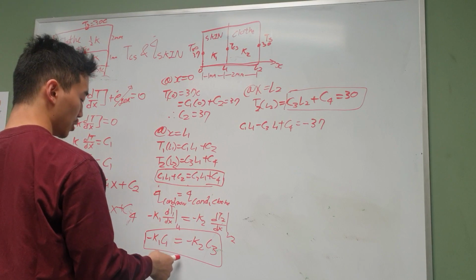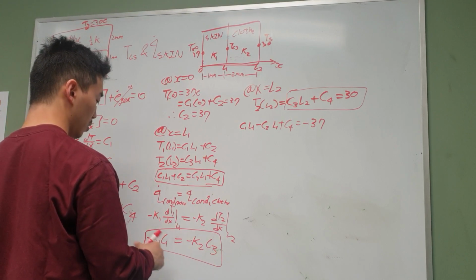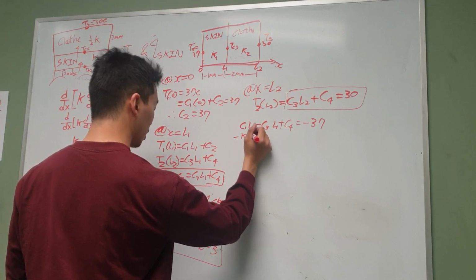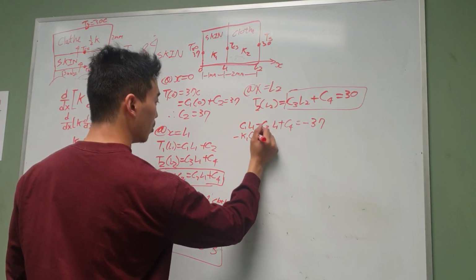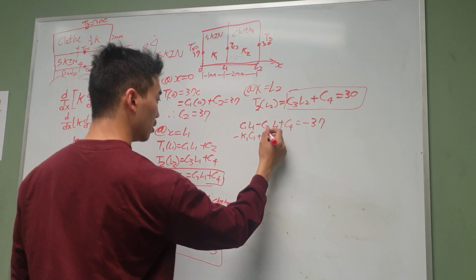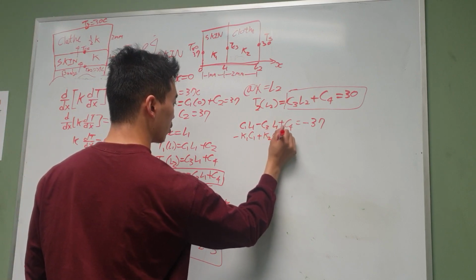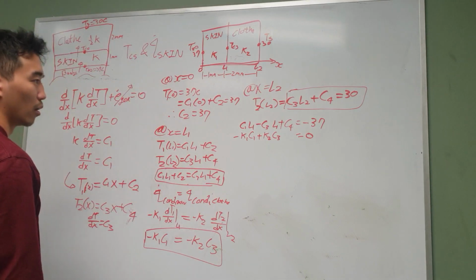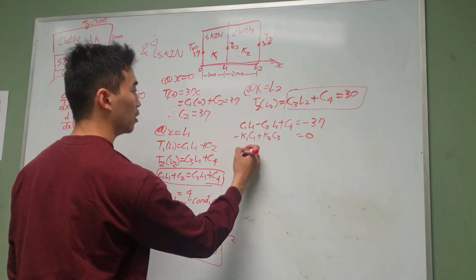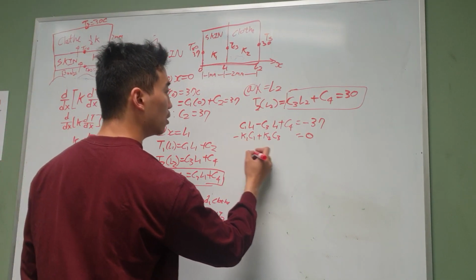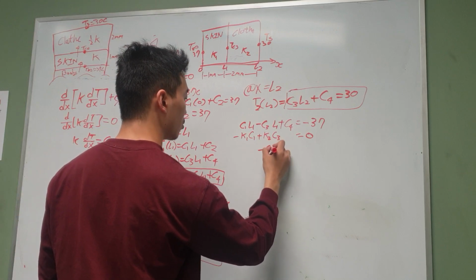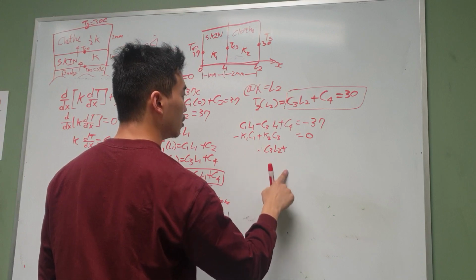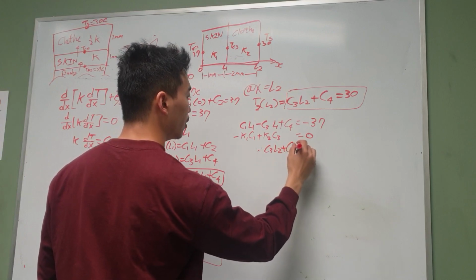Negative K1C1 is equal to negative K2C3. So let's write negative K1C1 plus K2C3 is equal to 0. And lastly, C3L2 plus C4 is equal to 30.